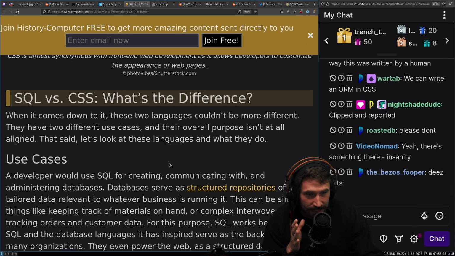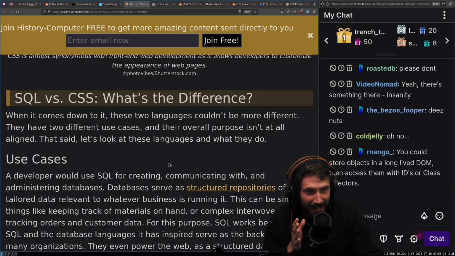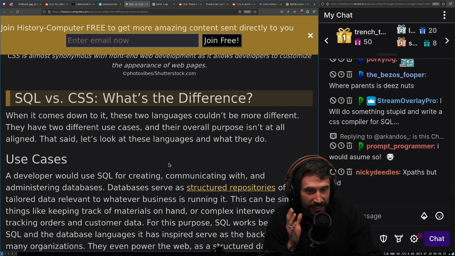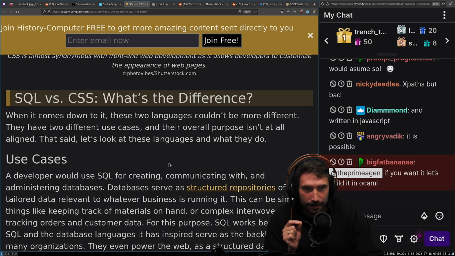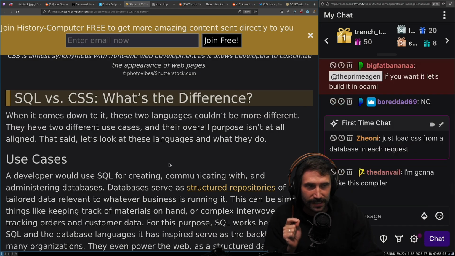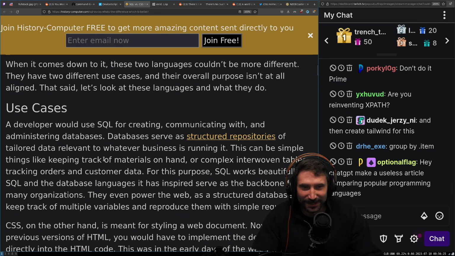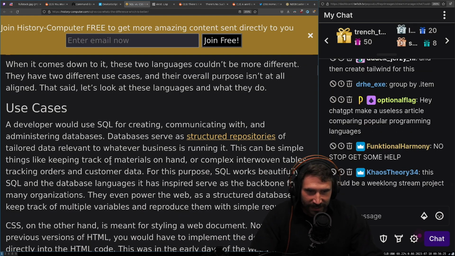It's actually possible to create an SQL to CSS language. The other way, I'm not too sure about, but I'm quite positive we can definitely go SQL to CSS. Please write it in OCaml. That's the greatest response. Absolutely, write it in OCaml.